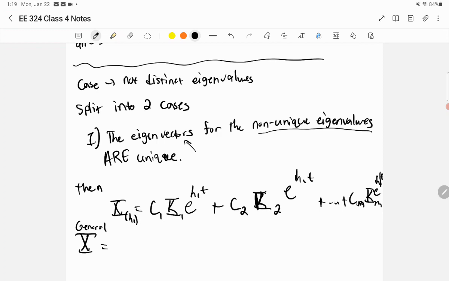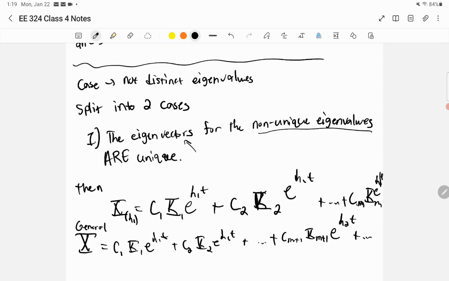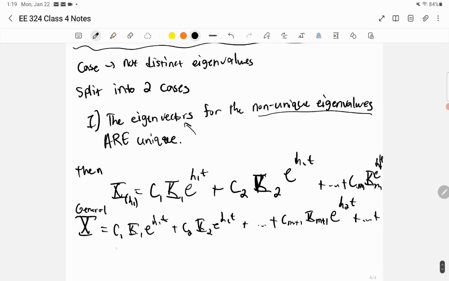x is equal to c1 k1 e to the lambda 1 t plus c2 k2 e to the lambda 1 t plus dot dot dot plus cm, then c(m+1) k(m+1) e to the lambda 2 t plus dot dot dot all the way up to kn e to the lambda k t.